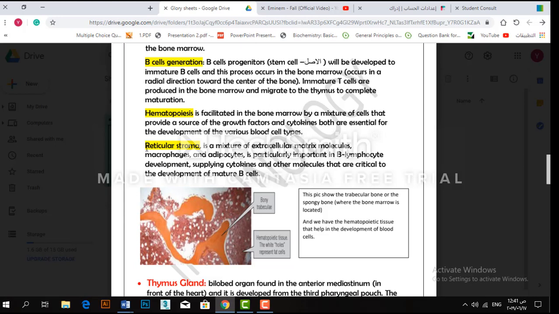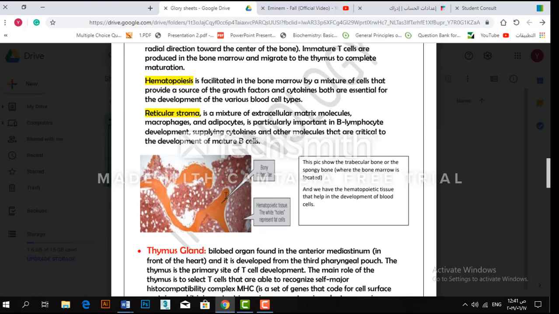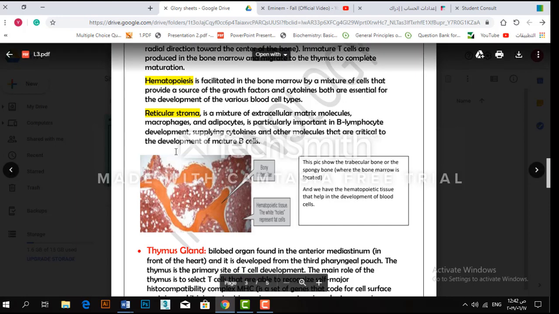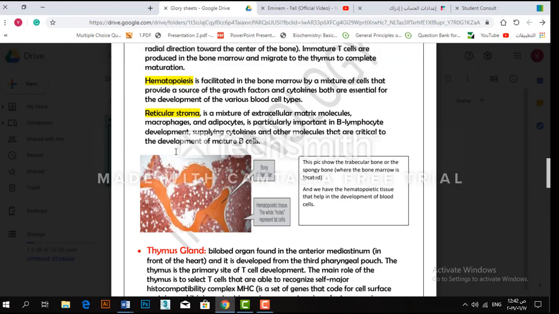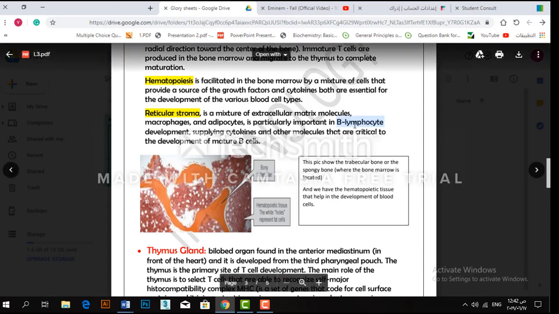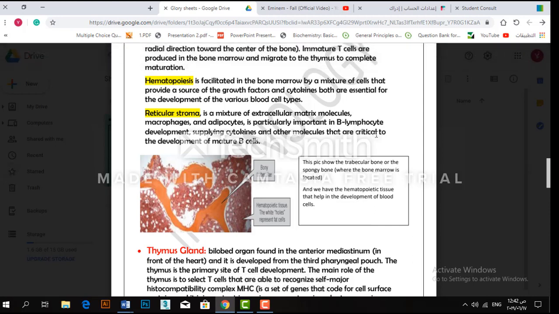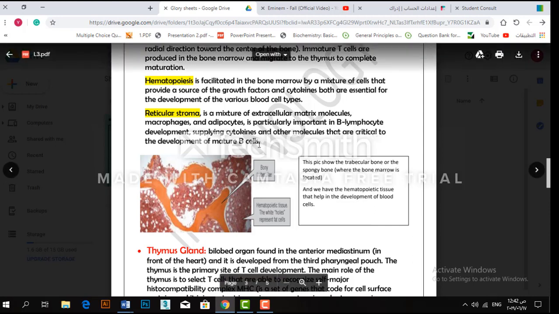Now, what we have in here is the reticular stroma, and the reticular stroma is a mixture, okay, of extracellular matrix molecules made of macrophages and adipocytes. Adipocytes are particularly important in B lymphocyte development, supplying cytokines and other molecules that are critical to the development of mature B cells.